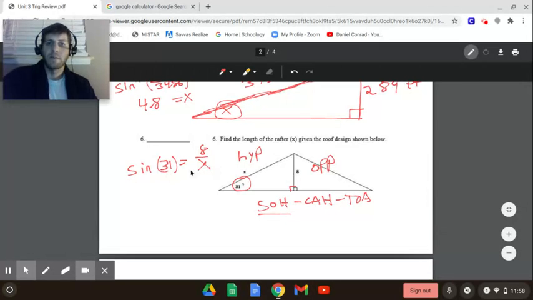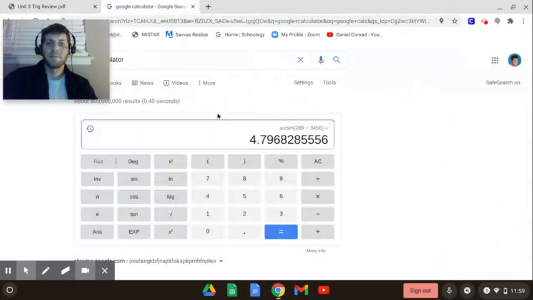We want to solve for x now, so we multiply x on both sides to get it out of the denominator. So we have x times sine of 31 equals 8. Then we divide by sine of 31 on both sides, and you get x equals 8 divided by sine of 31.